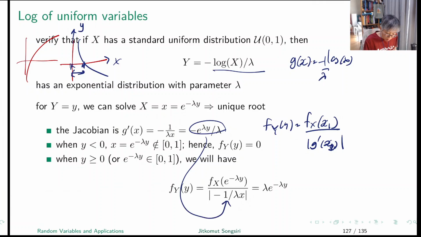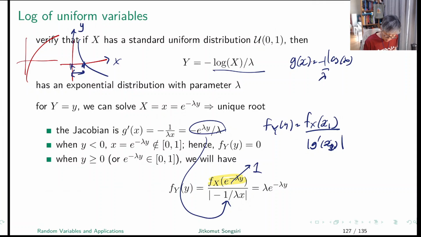Now let's take a look at this term f x. This is the density of the uniform distribution in the interval of 0 and 1. So this is actually constant, equal to 1.